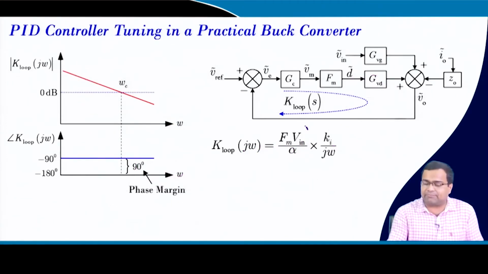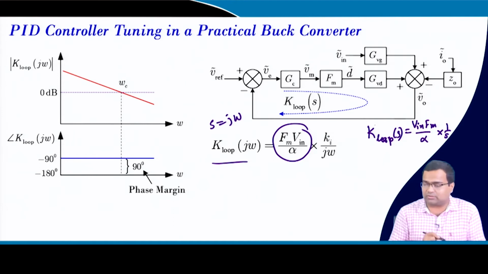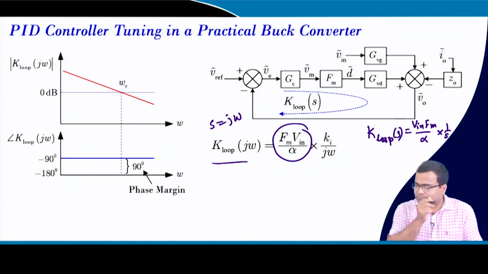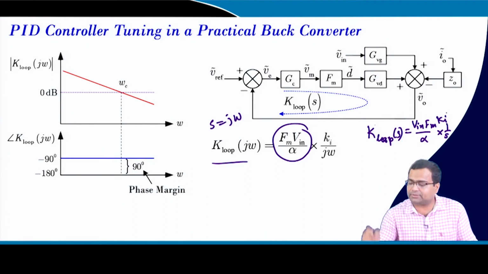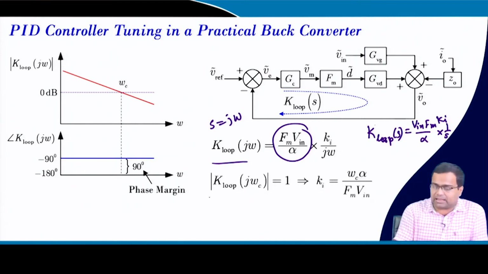What was our K loop of S? It was Vin by Vm alpha Ki by S, and we substitute S equal to jω. At the gain crossover frequency, the magnitude is 1.